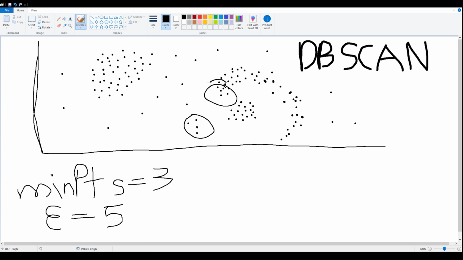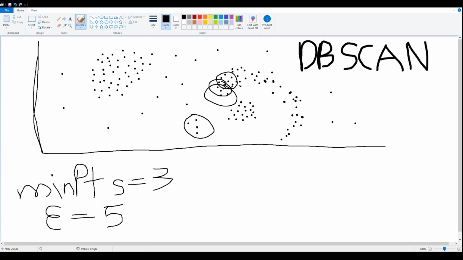That one satisfies these properties too, so this one is also going to have a cluster around it. These are called core points. For each core point, every point within its radius is in the same cluster, and every core point within its radius will also chain into the same cluster. So all these points will become core points.